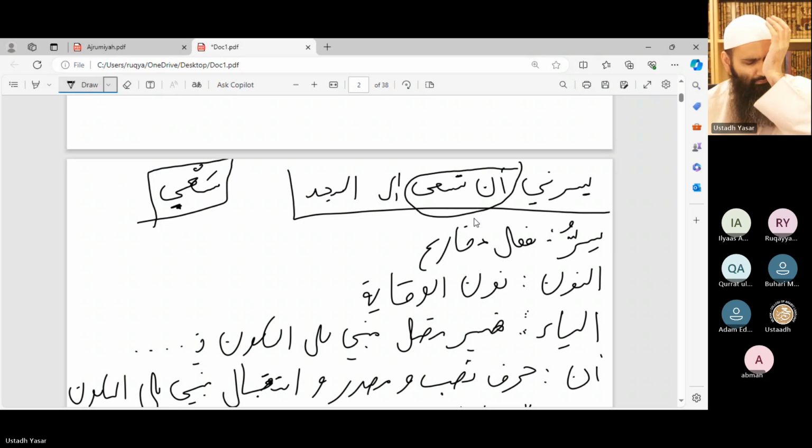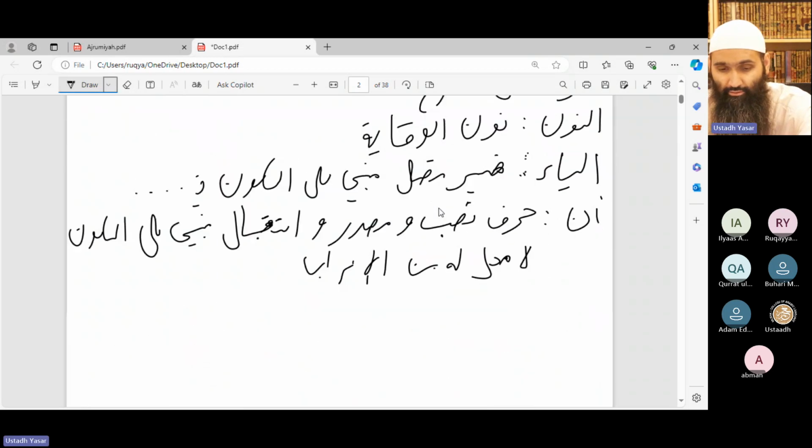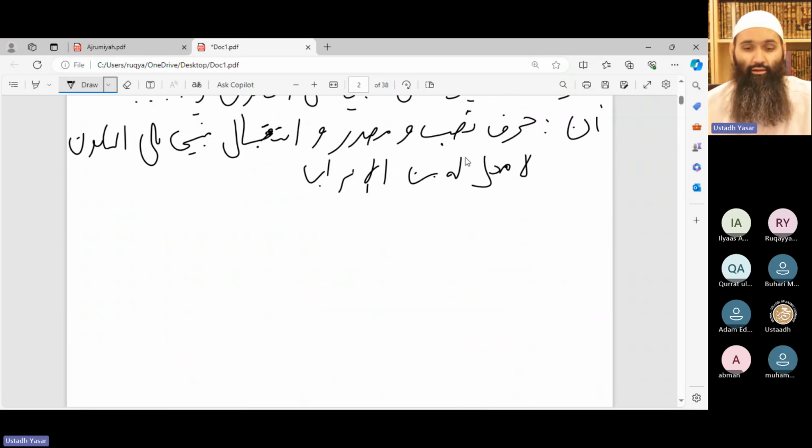Harfu nasbin, because it makes a fi'l mudari after it mansoob. Masdarin, because that with its fi'l mudari after it, they get changed to a masdar of that fi'l. Like here. And istiqbalin, meaning that now the meaning of this fi'l mudari is restricted to the future, cannot mean the past, cannot mean the present. These are new things, that's why I'm doing it. حرف النصب مصدر واستقبال مبني السكون لا محل من الإعراب.